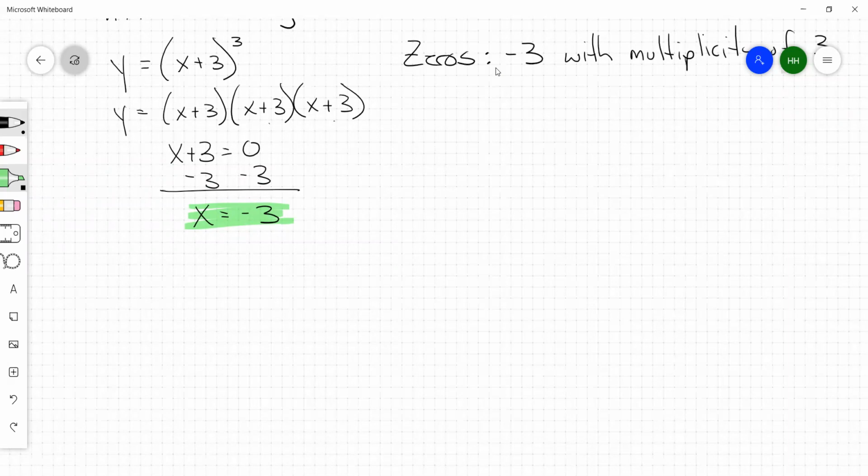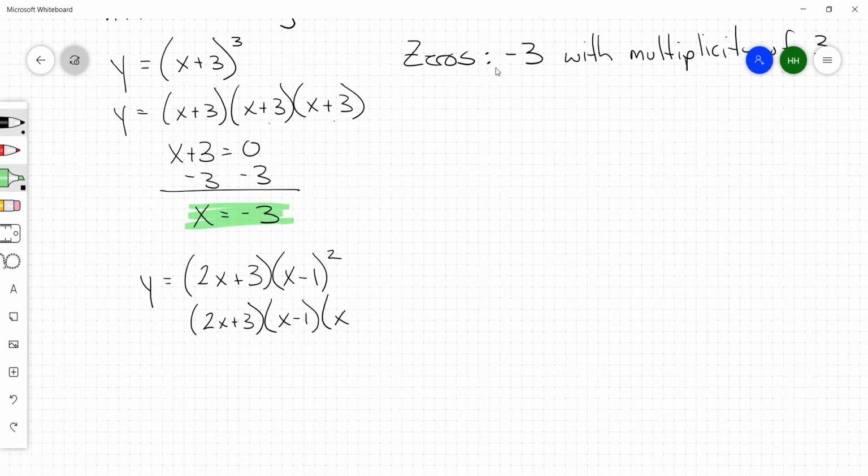All right, so let's take a look at this. Y equals 2x plus 3 times x minus 1 squared. So this is the same as 2x plus 3 times x minus 1 times x minus 1.